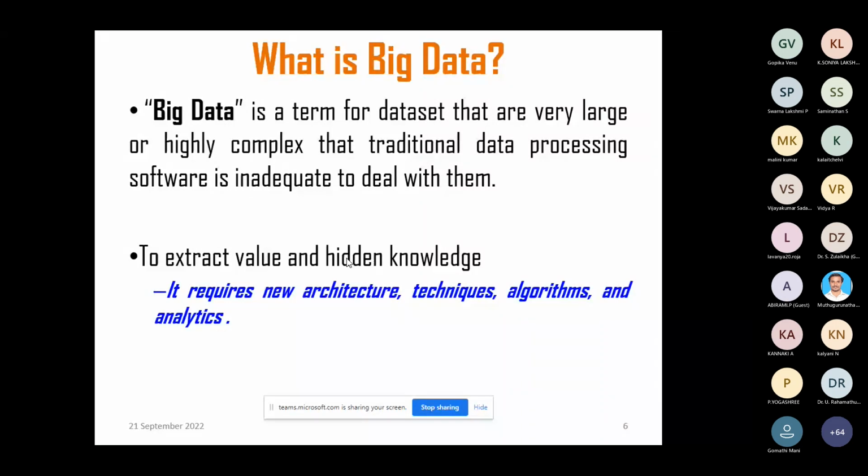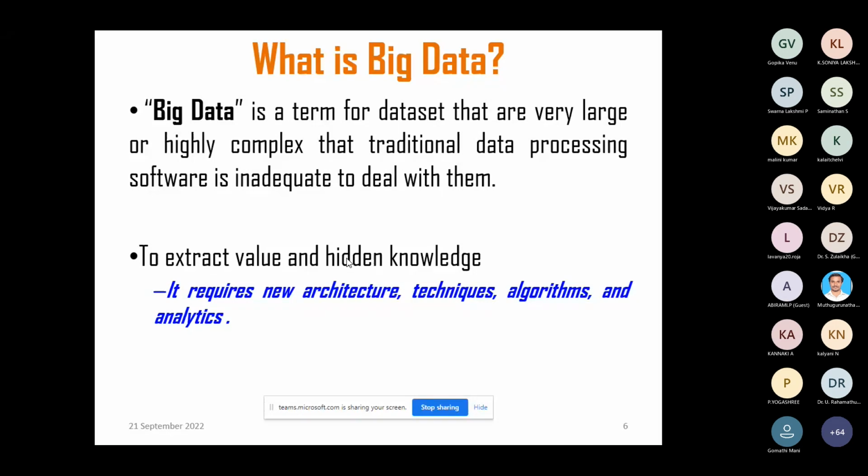We may have some set of resources, but if the data could not be handled efficiently, then we refer to that data as big data. The software data processing available with us is inadequate to handle such highly complex data, which is what we term big data.